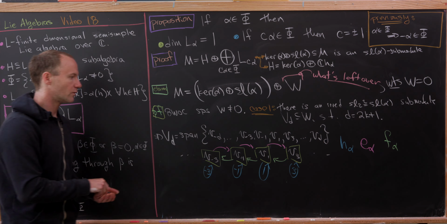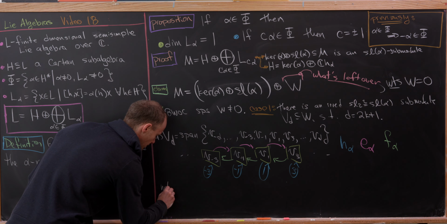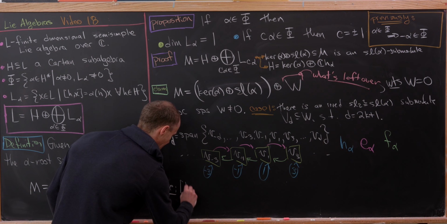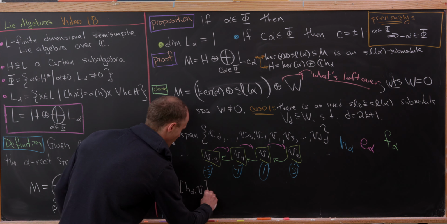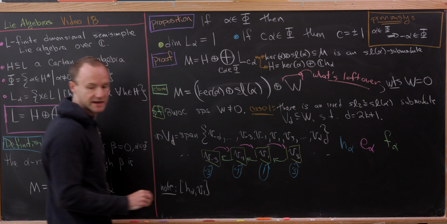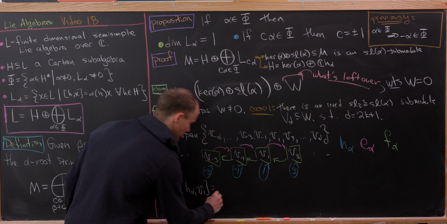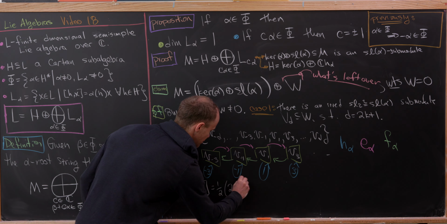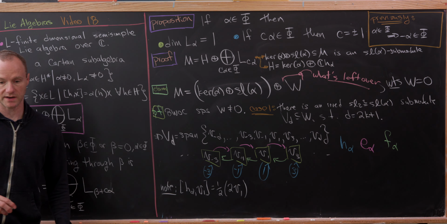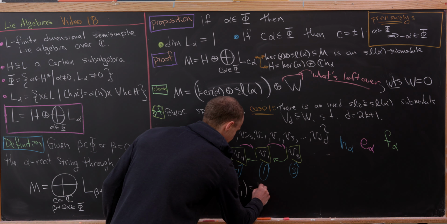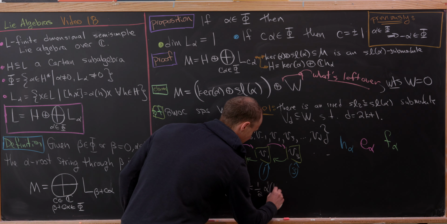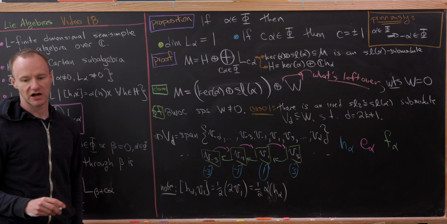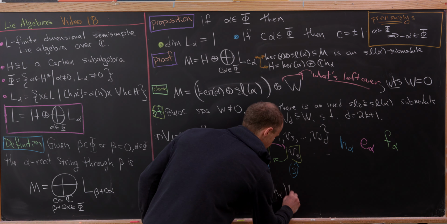Great. And now from this, we can make the following observation. If we take H alpha with V1, we get V1, which is the same thing as 1/2 times 2 times V1, which is the same thing as 1/2 times alpha applied to H alpha, given that alpha applied to H alpha is 2, times V1.